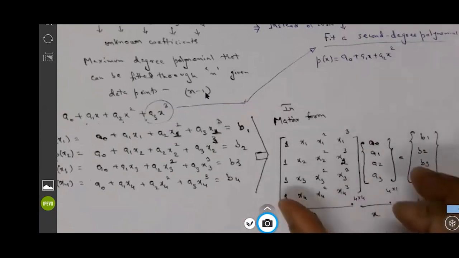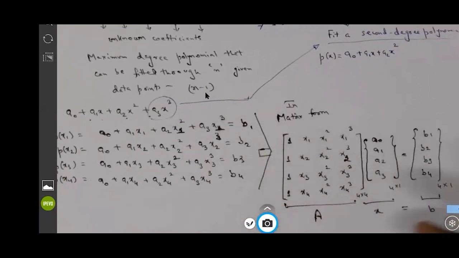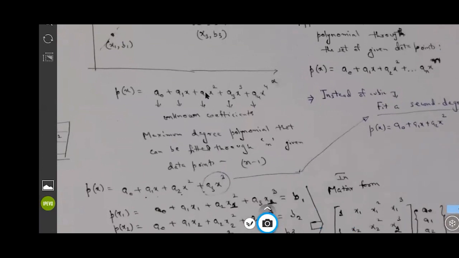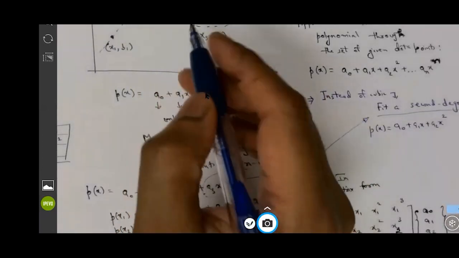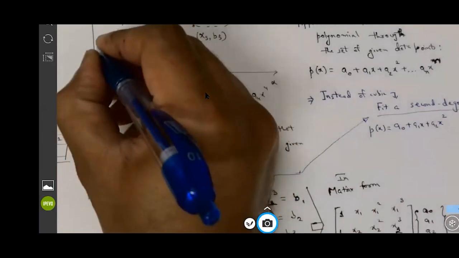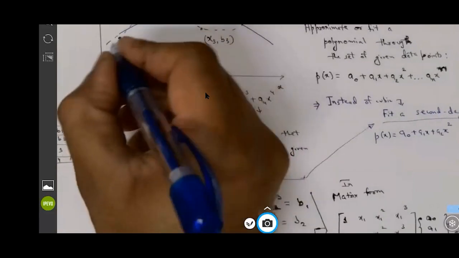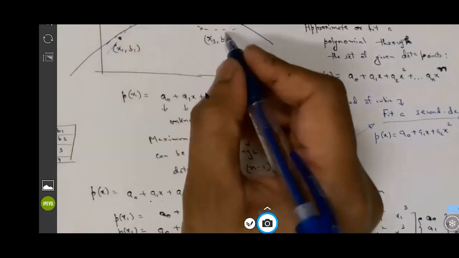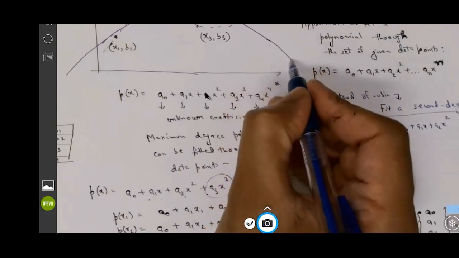And then we still have 4 equations, but we are not going to get a polynomial that will pass through all these points exactly. So you probably will get a quadratic polynomial which goes like this. It will not pass through these points. It will go like this, depending on what your coefficients are.